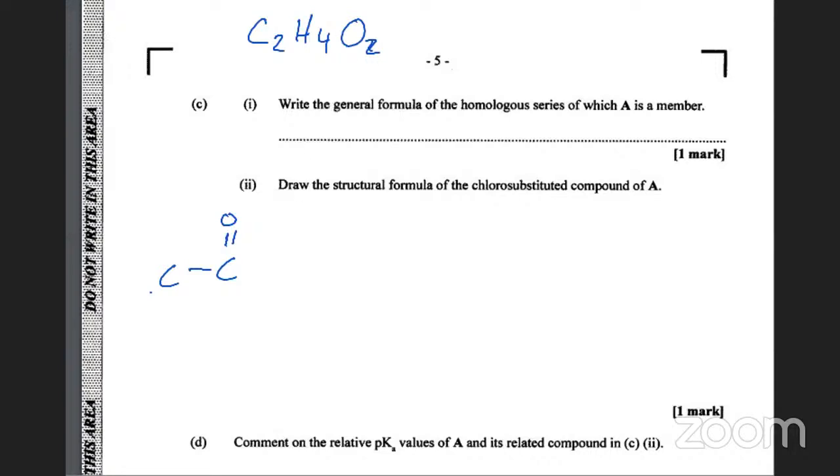This is not any actual functional group. Based on this, when you have 2 carbons, we should have 4 hydrogen. So we could say CnH2n plus O2, so CnH2nO2.